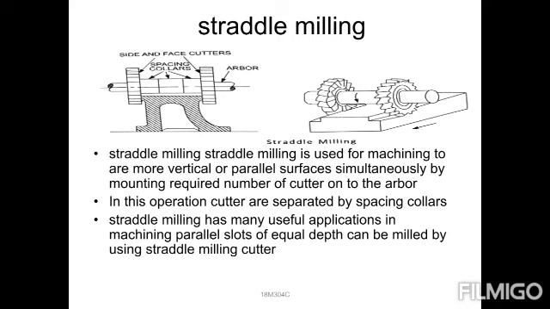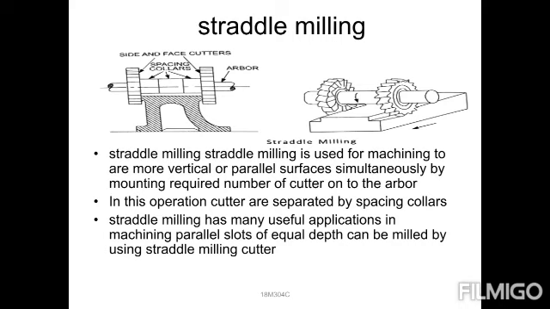You can observe maximum material will be removed in the vertical direction as well as the parallel direction, in the bottom, horizontal and vertical at a time. The operation can be completed at a time, but with the same type of cutters, and the same amount of gap maintained between the two cutters, right? That is the main thing in this operation.